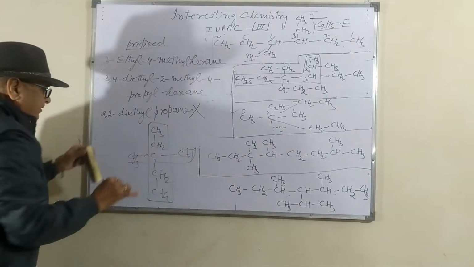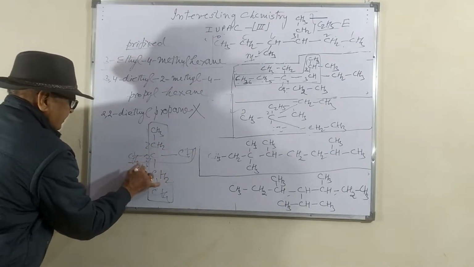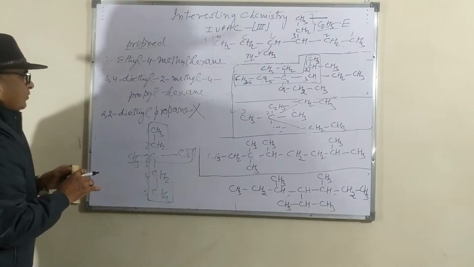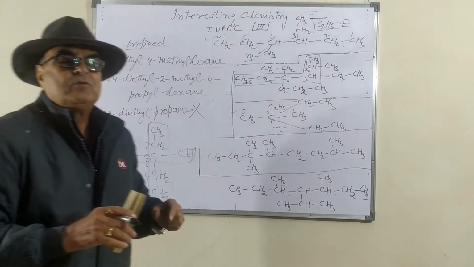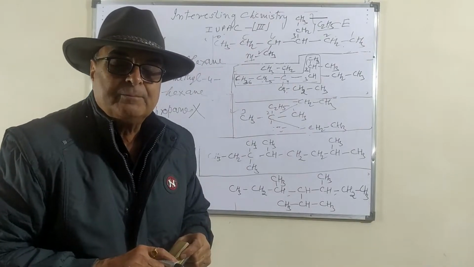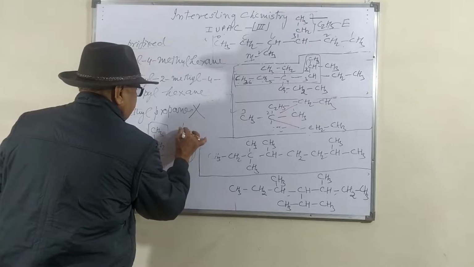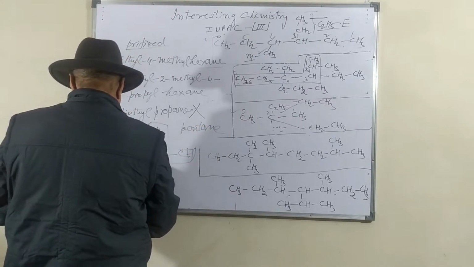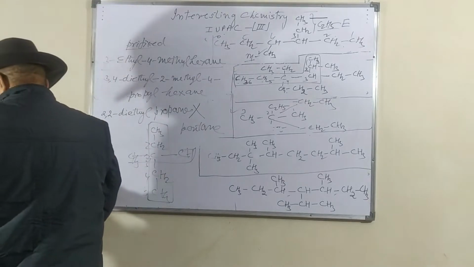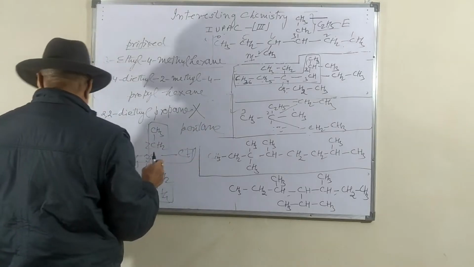So here the name of this compound, numbering 1, 2, 3, 4 and 5, the name of the parent compound will be pentane.